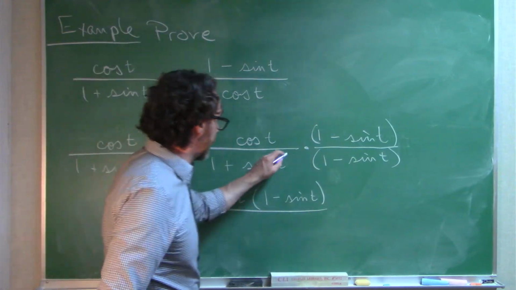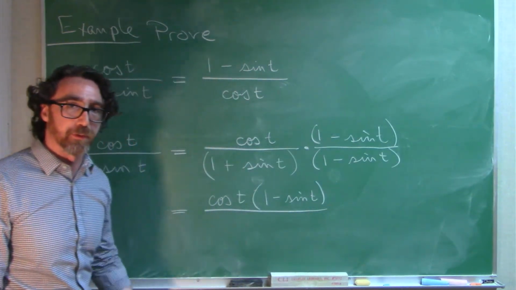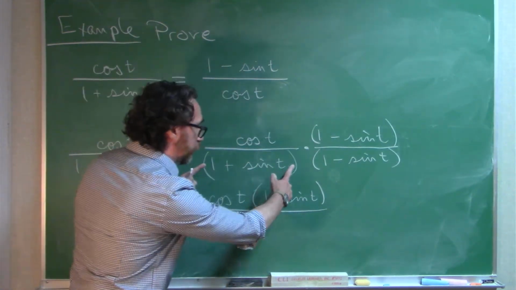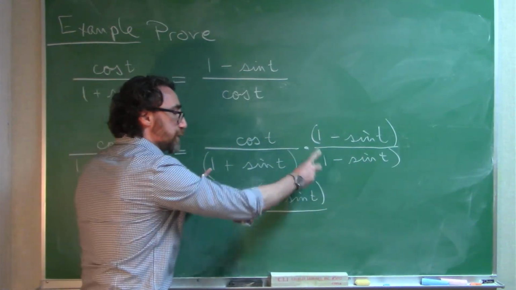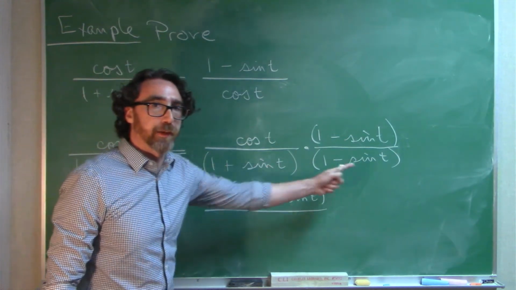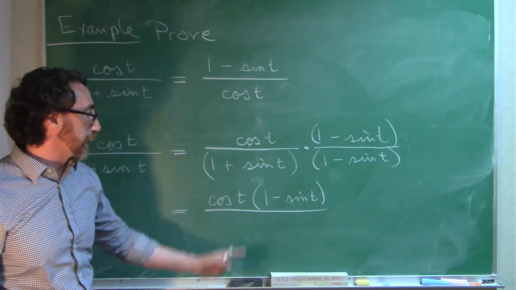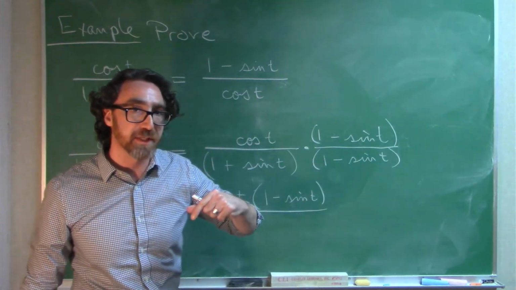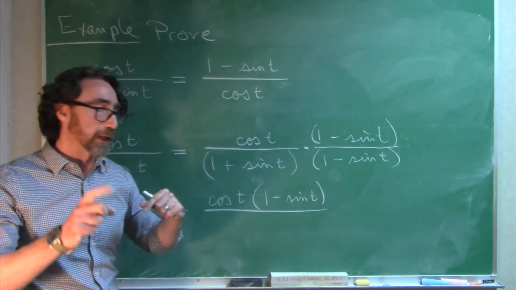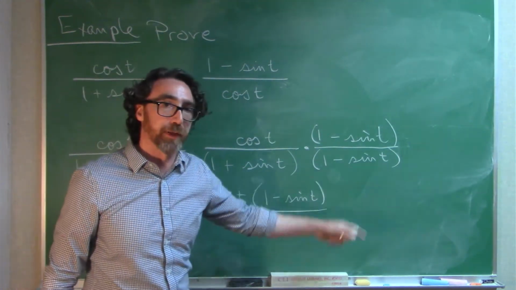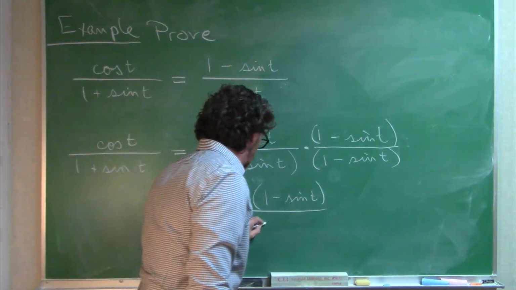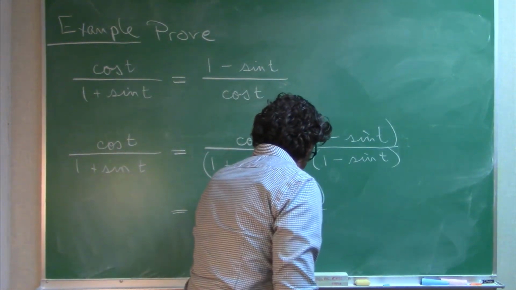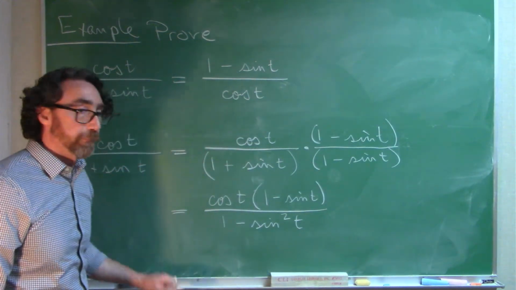Now let's think about what happens when we multiply these denominators. Okay, I got 1 plus sine t times 1 minus sine t. First times first is a 1. Outside times outside, minus sine t. Inside times inside, plus sine t. Those cancel out. Last times last is minus sine squared t. So we're getting closer.